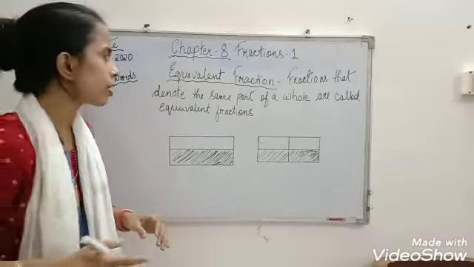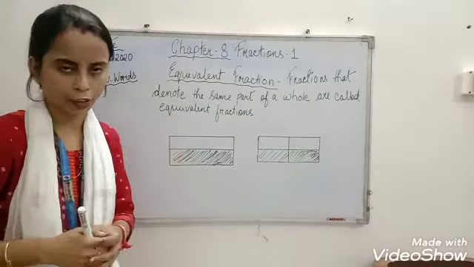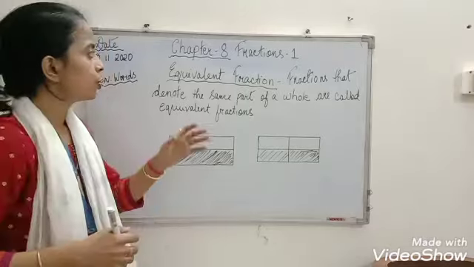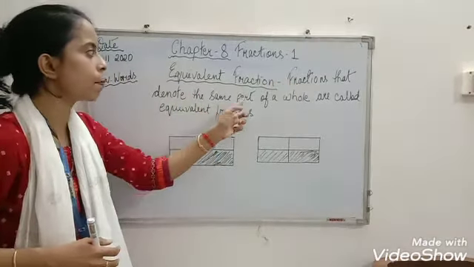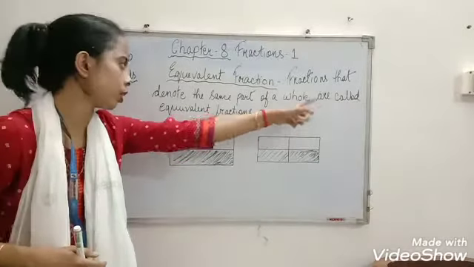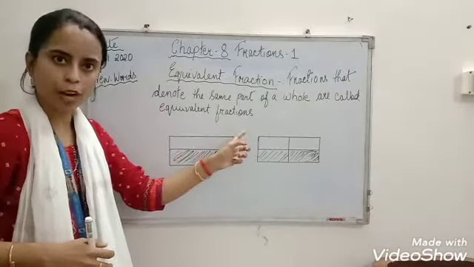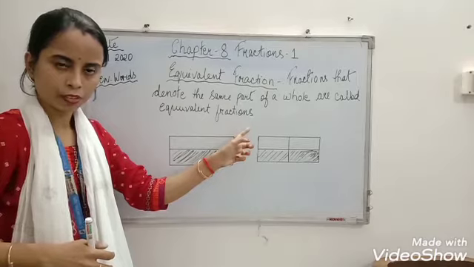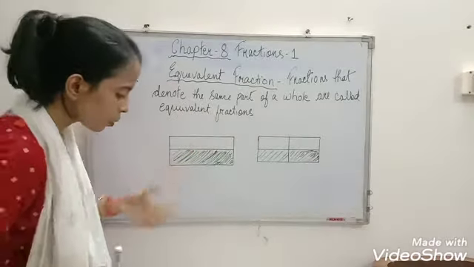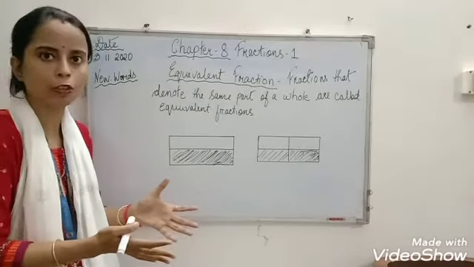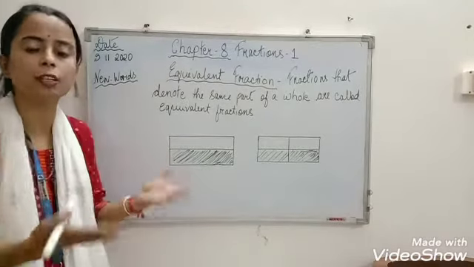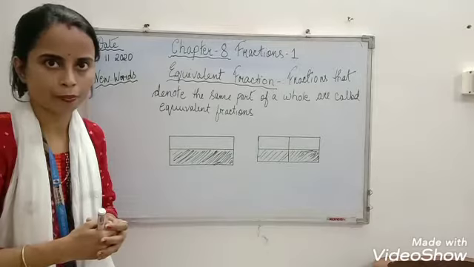So let us learn what is equivalent fraction. So equivalent fraction is what? Fractions that denote the same part of a whole are called equivalent fractions. They have the same value but the numerators and denominators are different.